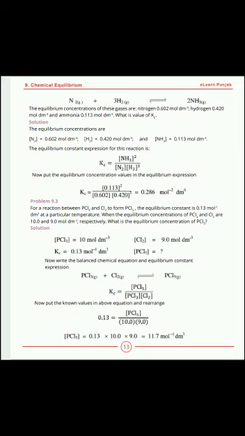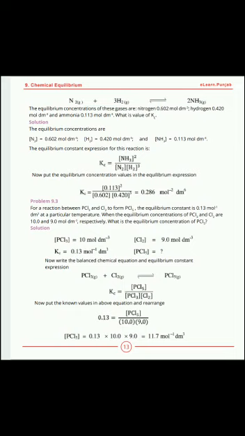When the equilibrium concentrations of PCl3 and Cl2 are 10 and 9 mole per decimeter cube, the equilibrium concentrations of reactants are given. In the question you have to find the equilibrium concentration of product PCl5. First step, writing the equation. Second step, writing data.